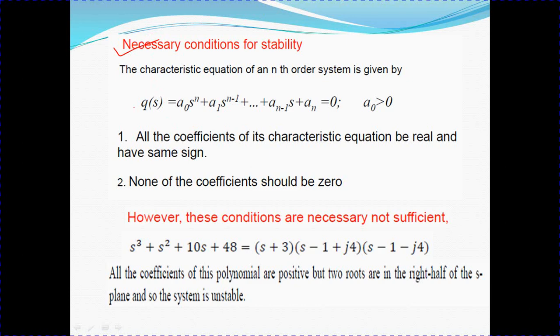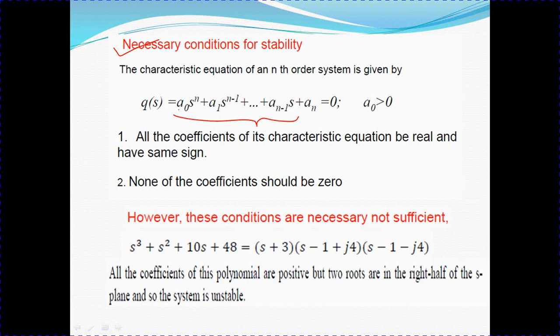Now in general the characteristic equation is represented by this particular equation, that is a0 into s power n plus a1 into s to the power n minus 1 plus up to an is equal to 0, where a0 is greater than 0. Here the 2 necessary conditions are: all the coefficients of this characteristic equation must be real and they must have the same sign.